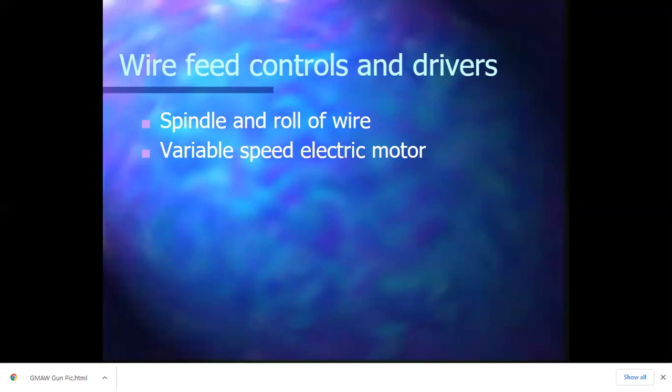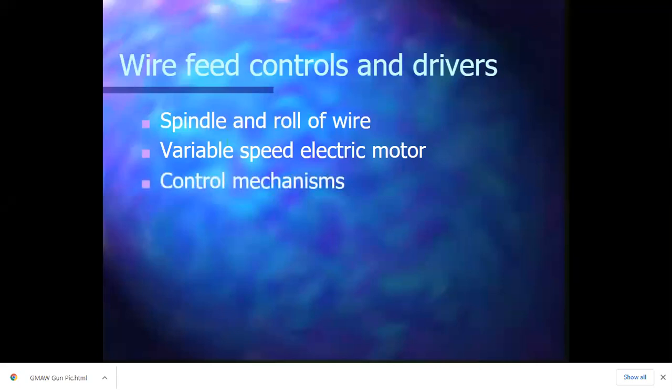That is telling the machine how fast to send that wire. When you set it, it doesn't change. There are some small changes that can happen, but it's not like a car accelerator where you press harder and it goes faster. When you set it, that's where the wire feed stays.